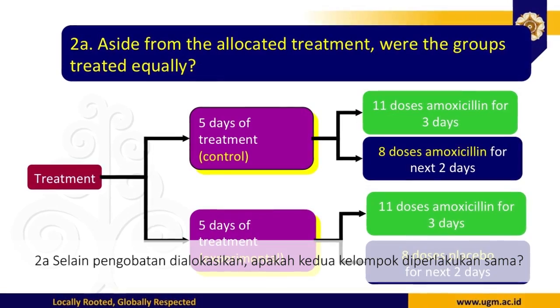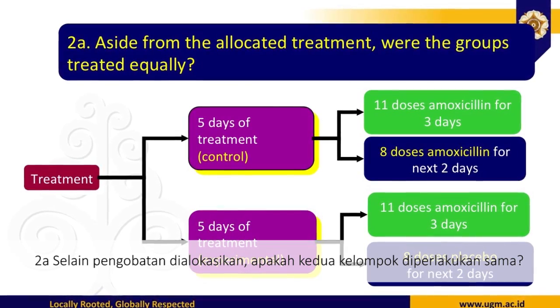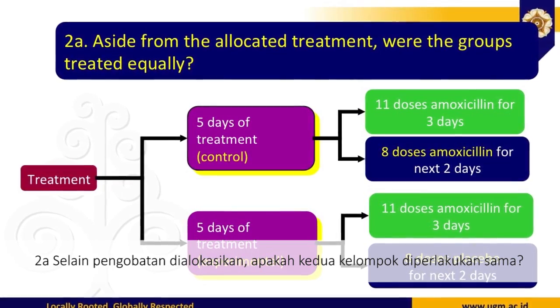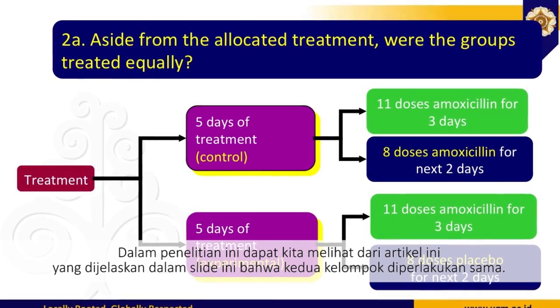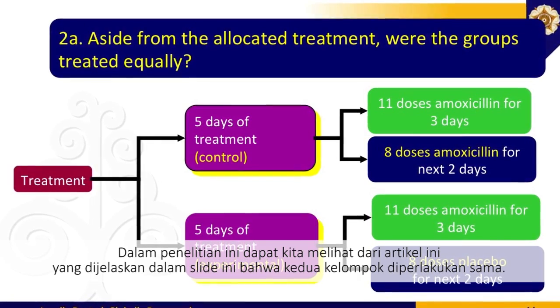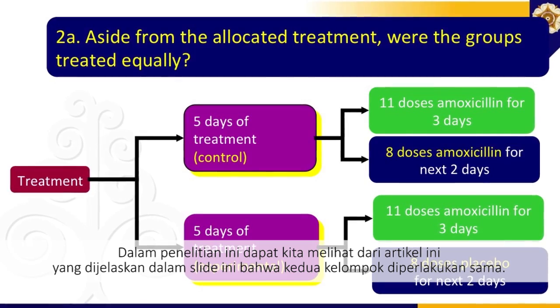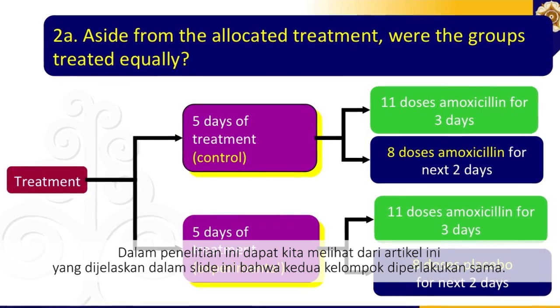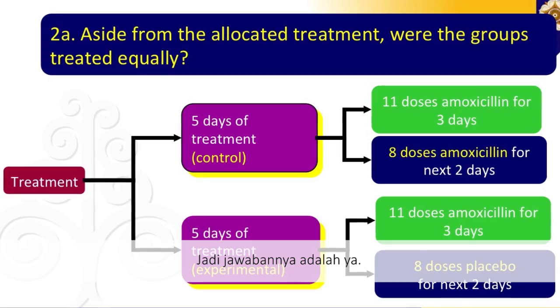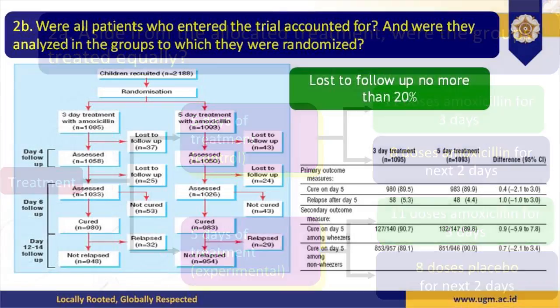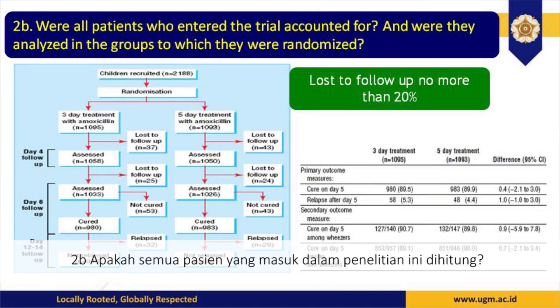2A. Aside from allocated treatment, were the groups treated equally? In this study, we can see from this article, which is described in this slide, that both groups were treated equally. So the answer is yes. 2B. Were all patients who entered the trial accounted for, and were they analyzed in the groups to which they were randomized?